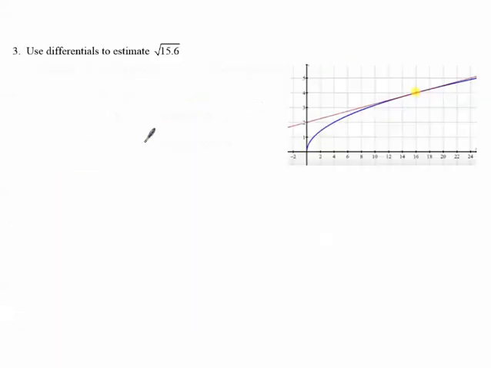Let's look at how we can use differentials to approximate a function value. Number 3, use differentials to estimate the square root of 15.6. So obviously with a calculator we can plug it in, but we don't need to do that with differentials. If this is the square root of 15.6, we want to use the square root function as our f of x. So first we define what f of x is, the square root of x.